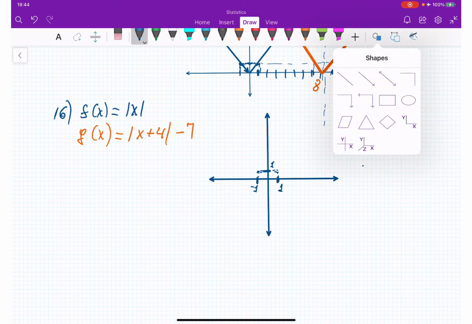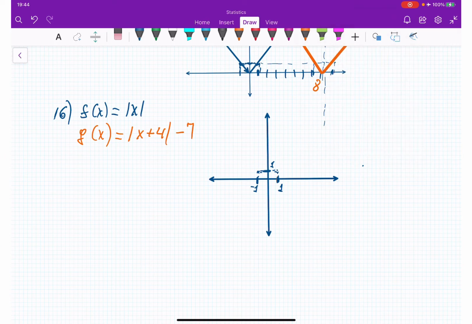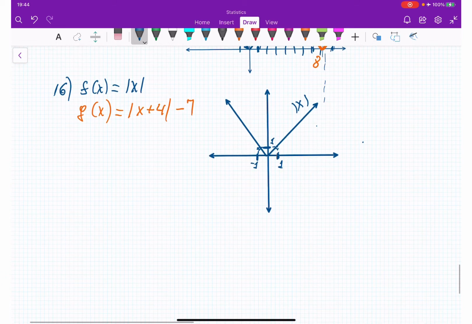Okay, let's build the graph. This is 1 and the other one. Okay. So this is absolute value of x. Now I'm going to build, it doesn't look nice.